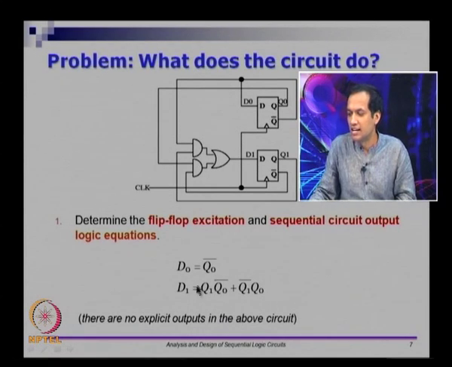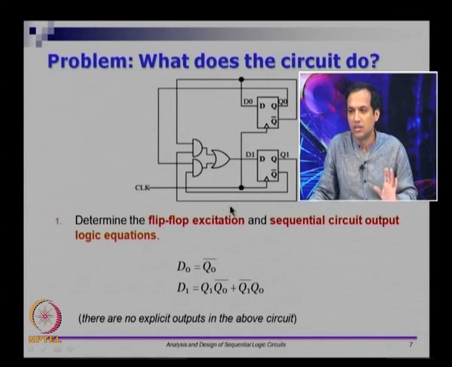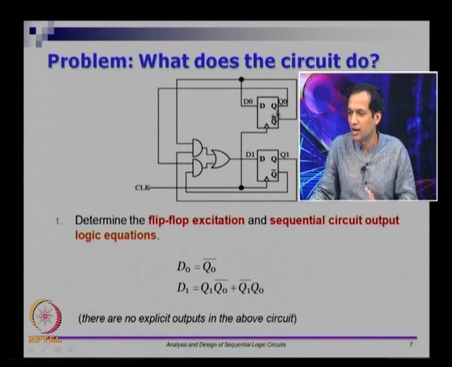So, this one is actually the function of XOR between Q1 and Q0. So, D1 is Q1 XOR Q0, and these two are the values for D0 and D1. There are no explicit outputs from the circuit, there are no explicit inputs to the circuit, there seems to be a clock and only the flip flops.